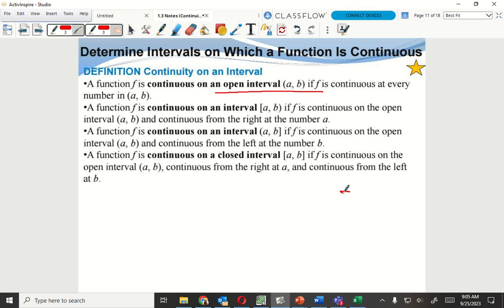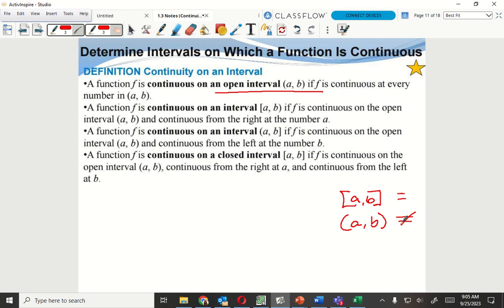So this one is equal. This is not equal to. That means my endpoints are not equal to A, and they're not equal to B. So it does not exist at A, it does not exist at B, but it approaches A. It gets really close to A, and it approaches B, really close to B, right there.